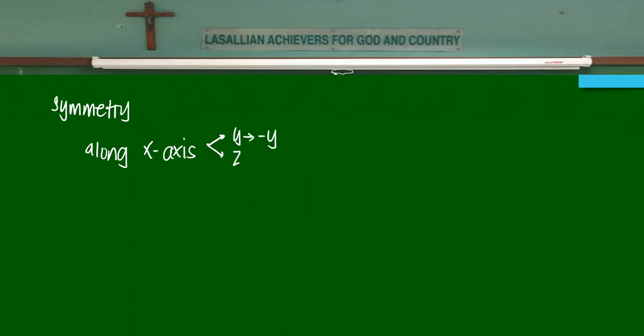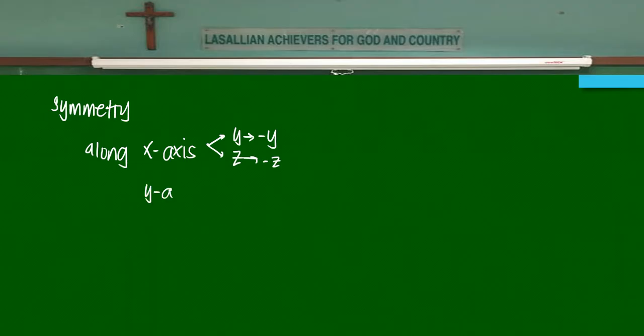Alright? Some of the guidelines I use in drawing are, number 1 is symmetry. So what I do is I check for symmetry along the x-axis. So this one, what we do is you change y to negative y and z to negative z, and then check for symmetry.